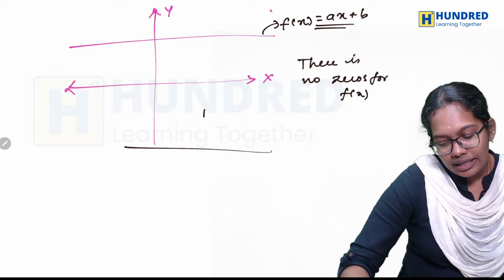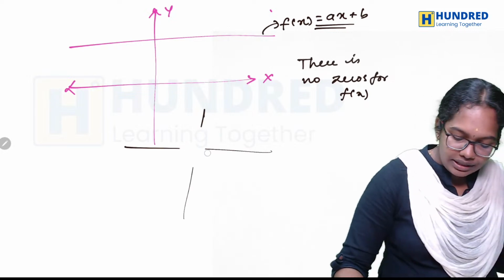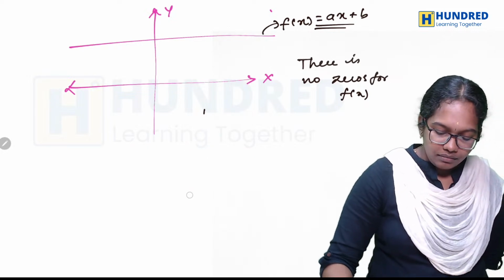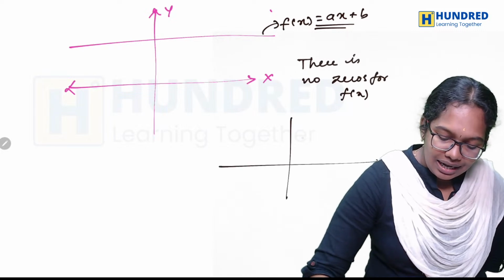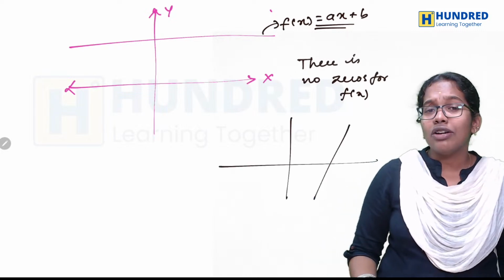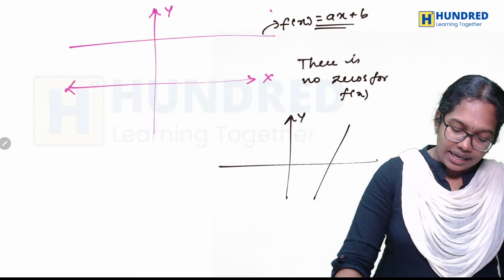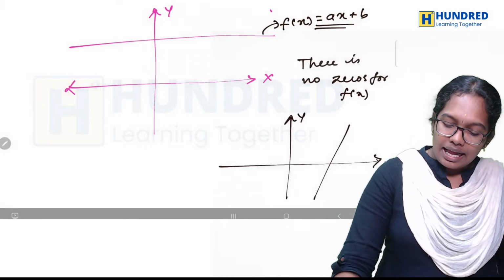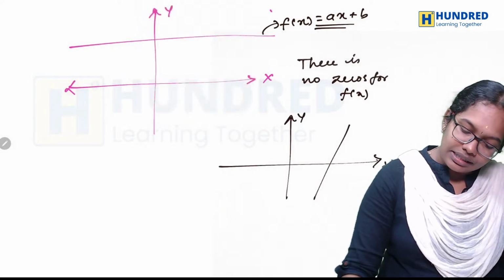So if the graph goes like this, this is the y-axis, this is the x-axis, and this is going to be the f of x.